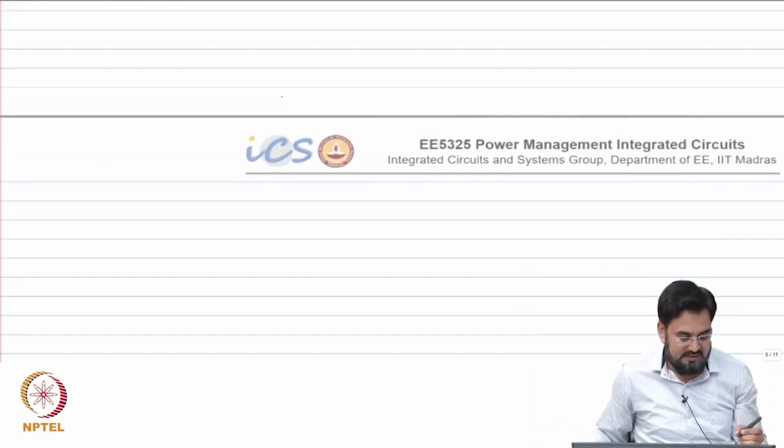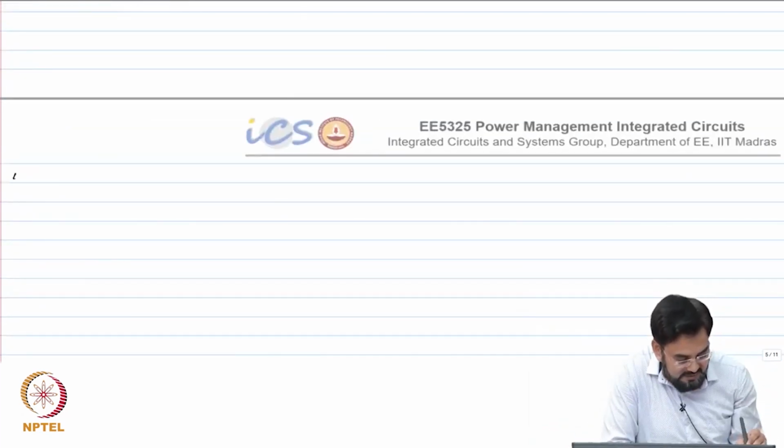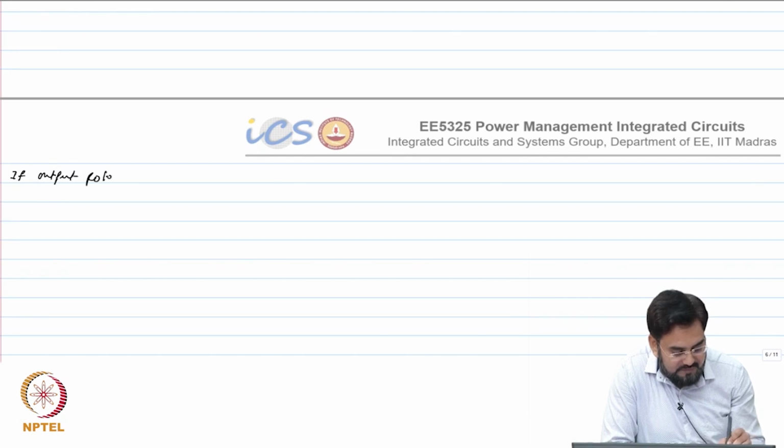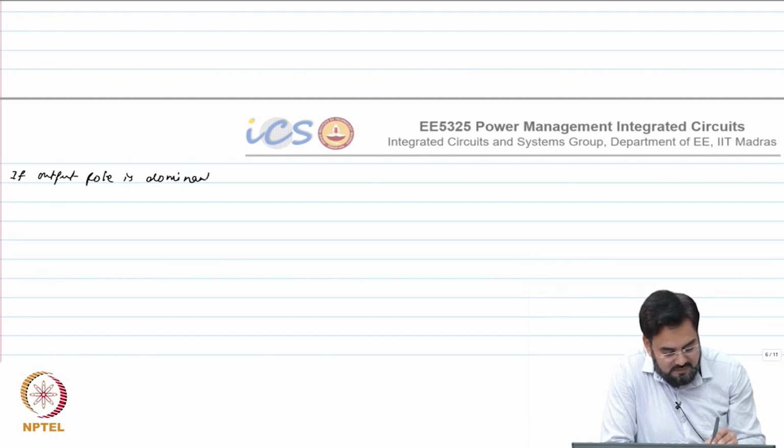So let's take the case where the output pole is dominant.